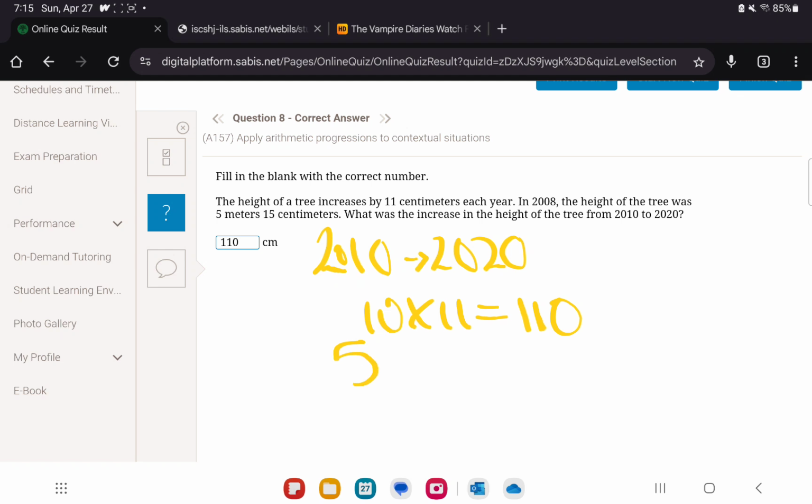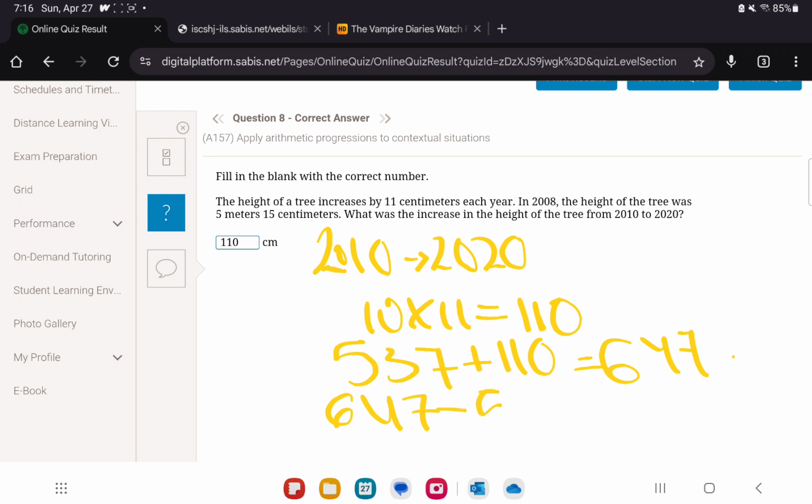So 537, which was 2010's height, plus 110 is 647. Now we subtract 2010's height from 2020's. So 647 minus 537 equals 110. That's it.